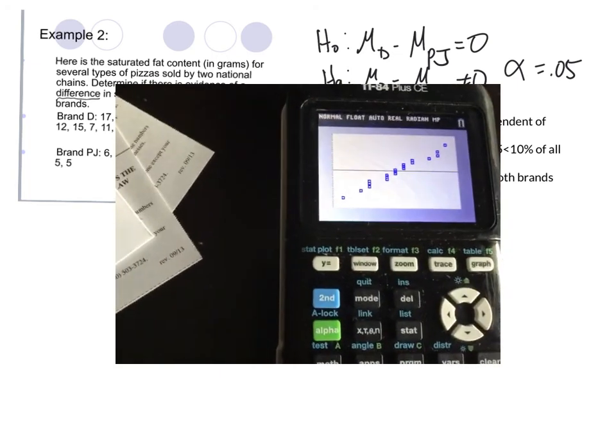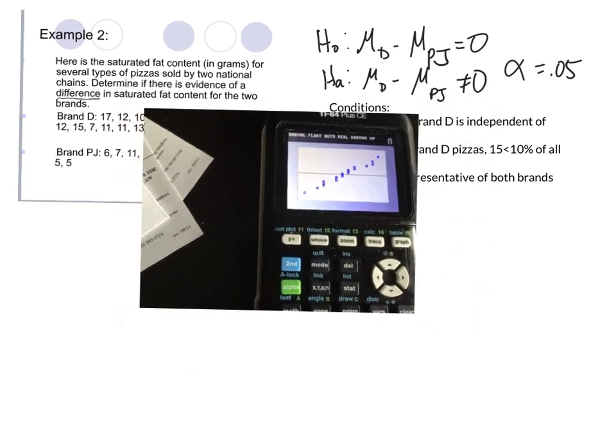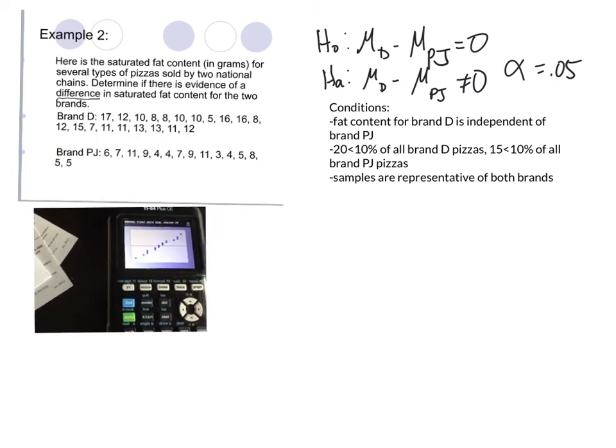So I'm going to pause that, and then I'm going to draw it. Okay, so this is brand D. It's straight enough.